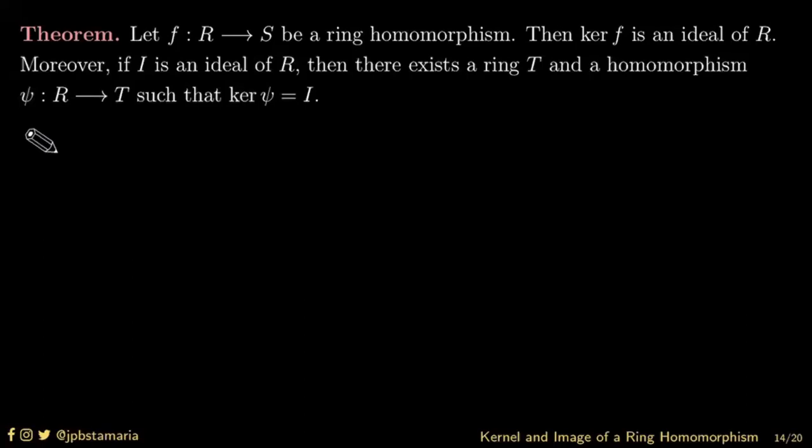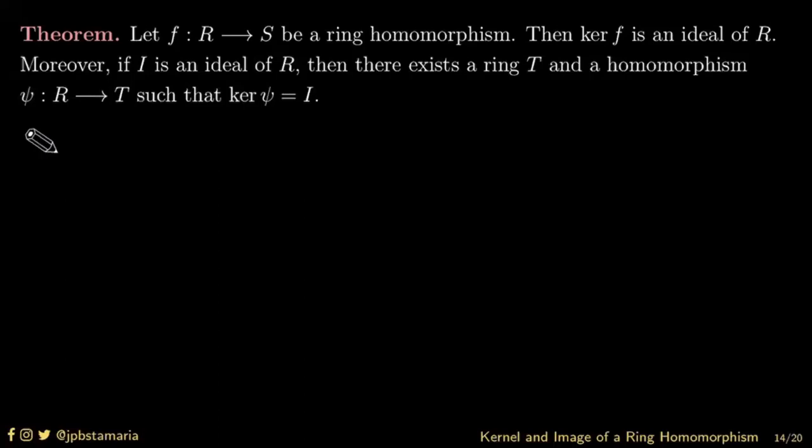Maliban sa alam natin na ang kernel ng homomorphisms palaging ideal, ang sabi pa nitong theorem na ito, lahat ng ideals ng R will arise in this manner. They will be kernels of a certain homomorphism from R. Did you understand me?